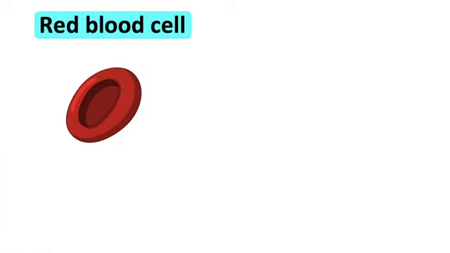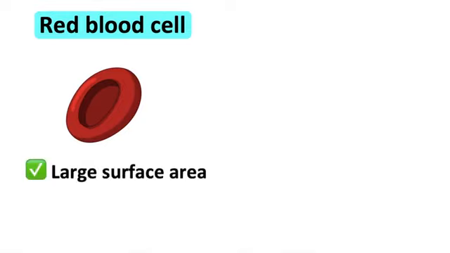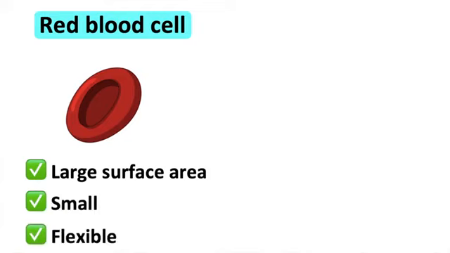The reason for this is because it provides a larger surface area in order for the red blood cells to absorb and to carry oxygen in the blood. They also have no nucleus. They are also small and flexible, so they can be carried through blood vessels.